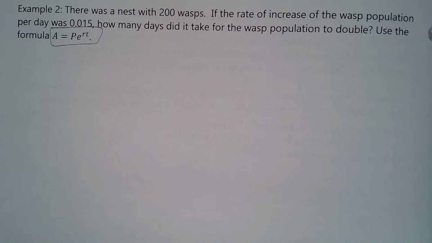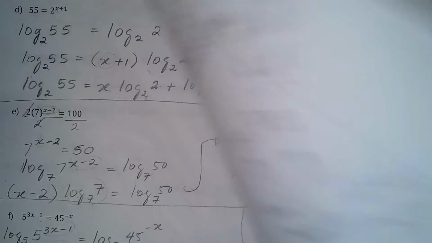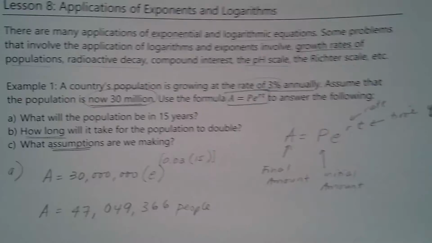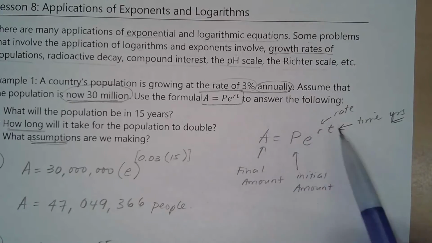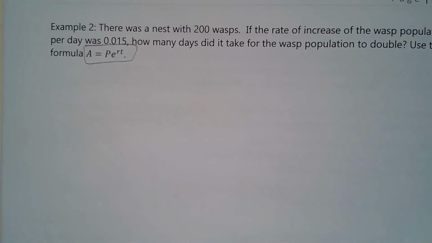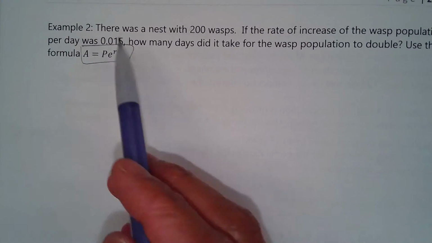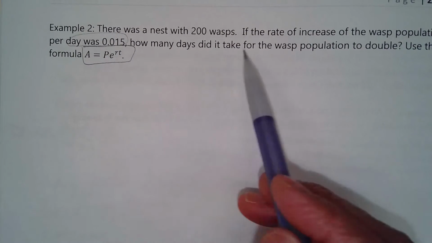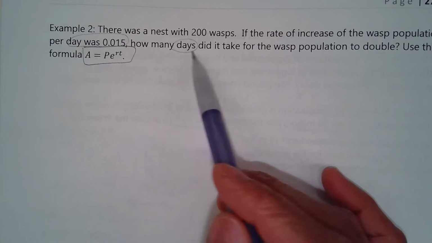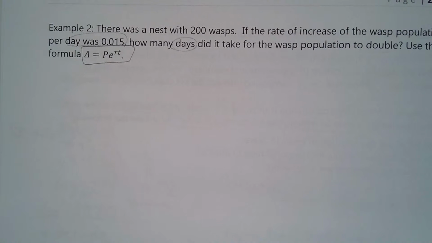Oh, okay. Now this is the question that you were asking for earlier. The rate here is annually, and then this is 15 years. Now this one is asking days. This rate is per day, and they're asking for days. So we'll keep it as days. So when I solve for t, it will be in days, no unit conversion.